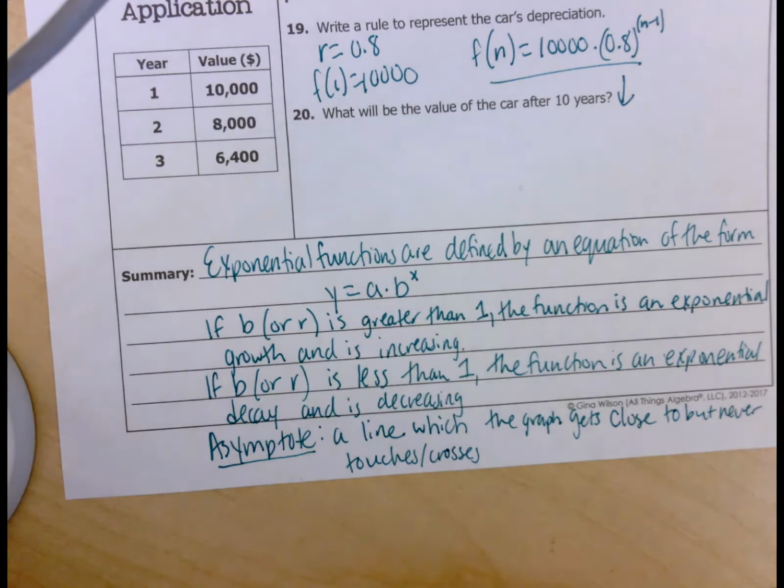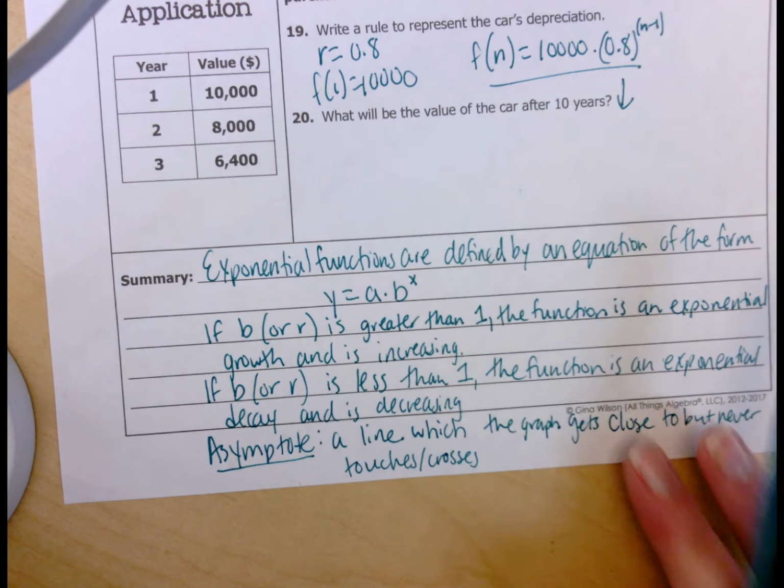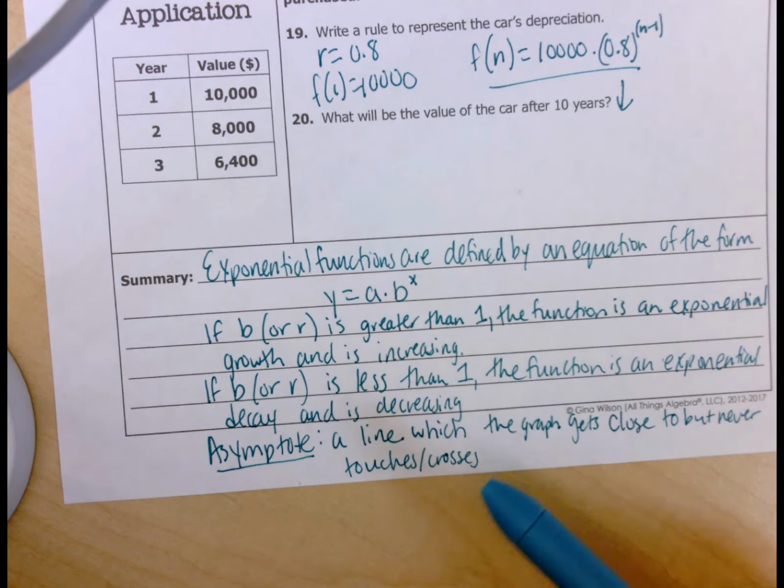Okay, and so you'll see that as we start to work through some of these. If you look at the graphs, there will always be some line that the graph will get closer and closer and closer to, but it will never actually touch. And that's part of being exponential, is that they'll get closer to a value, but it's never going to get quite to that value. And that's what we call an asymptote.